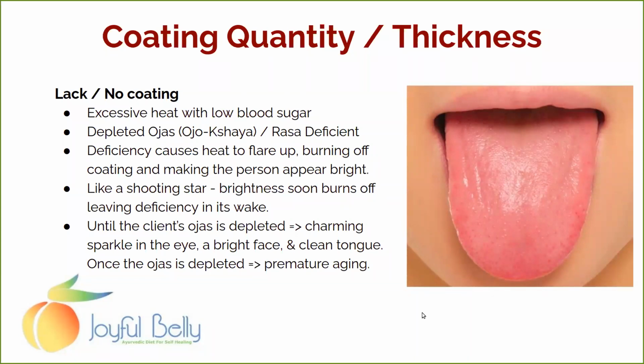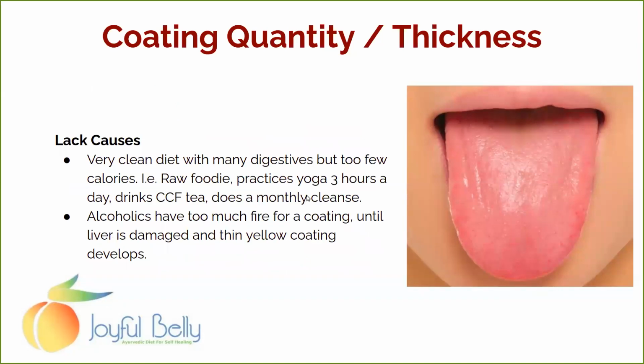Whenever I see no coating on the tongue, usually you can see there's a sparkle in the eye, a brightness to the face, but it's like a shooting star. It's that brightness that soon fades or burns off, leaving deficiency in its wake and premature aging. So that brightness looks good while it lasts, but doesn't last very long.